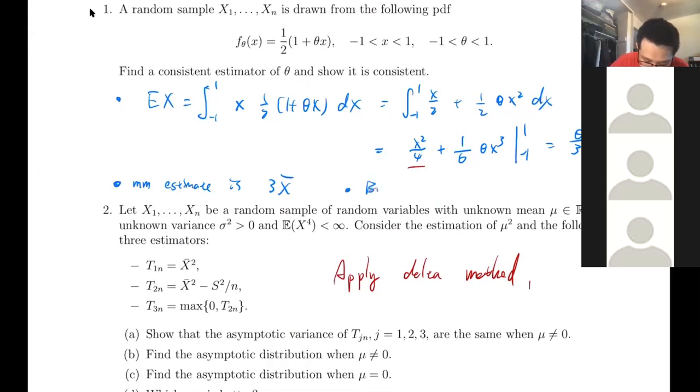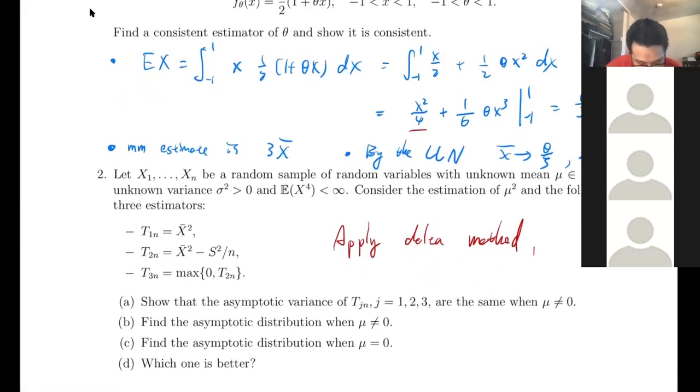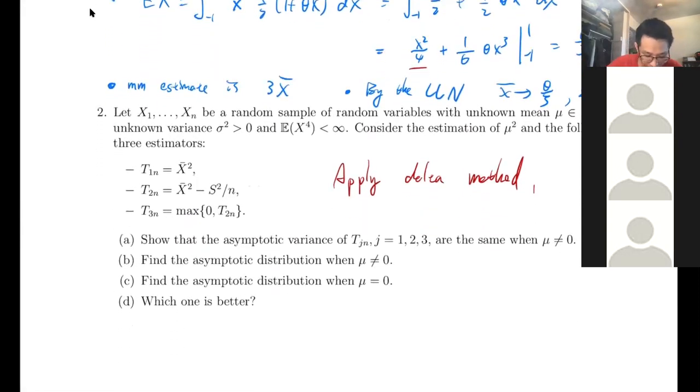And then by the law of large numbers, S bar will converge to this. So 3 S bar will converge to theta. Okay, that means it's consistent.